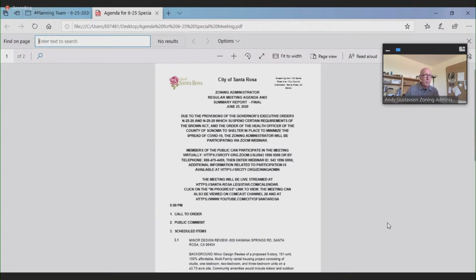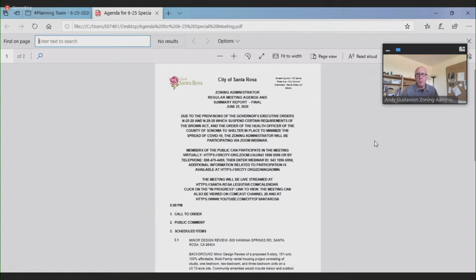Those of you listening on the phone can also participate, but you will need to press *9 and we will recognize you in turn. So just bear that in mind. It takes a little longer to transition between one speaker and the next, but everybody who wishes to comment will have an opportunity to do so.